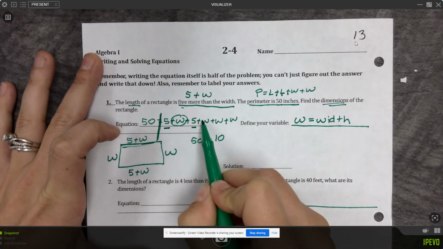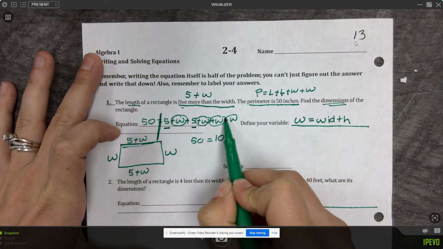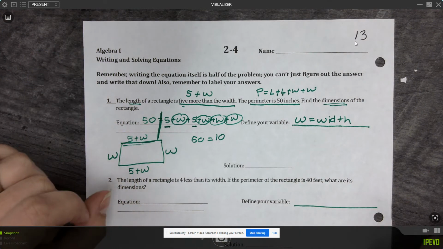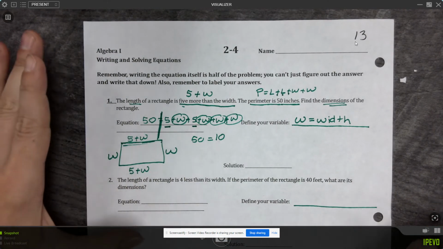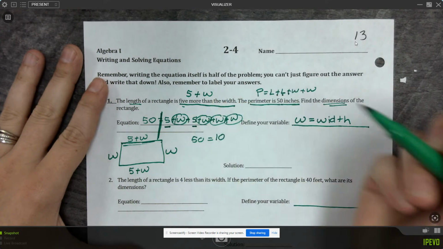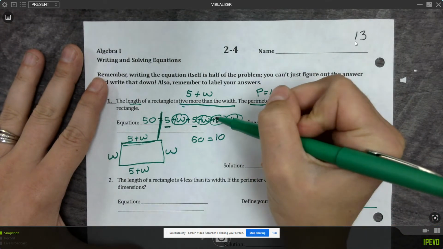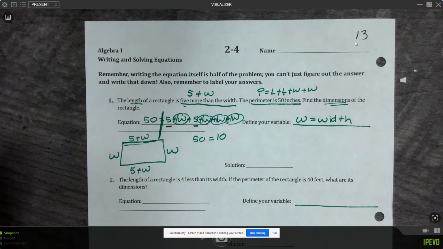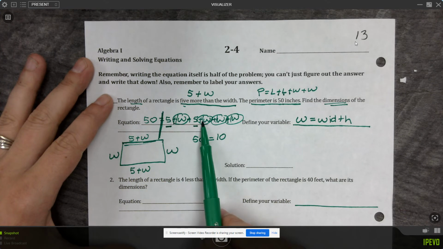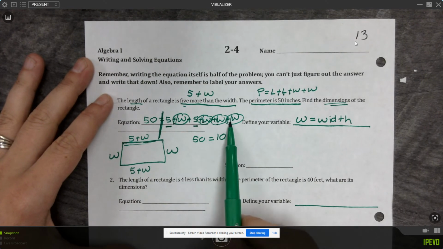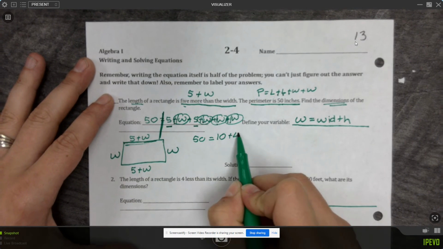And I also have these W's. When you add those together, you're going to pay attention to the coefficient in front of them. They don't have anything, so remember there's a 1 in front of each of those. In some of your examples, maybe you have a 2, and then you would have 2 plus whatever. So 1W plus 1W plus 1W plus 1W happens to be 4W.